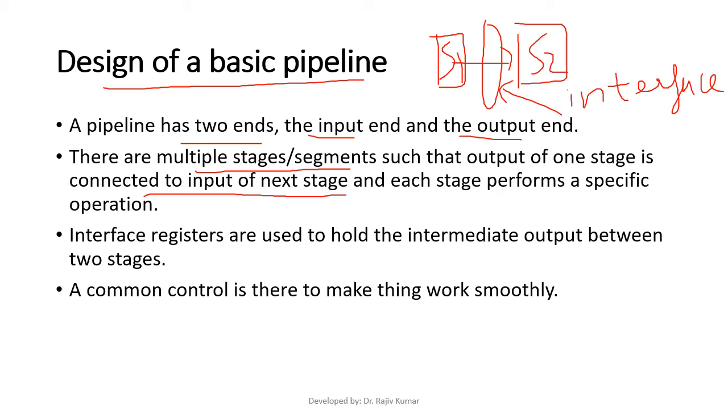In computers, this interface is provided through registers, which store the intermediate results generated from S1 to be used in stage 2, or segment 2. A common control is required to manage all the things. Keeping in mind this basic design principle of the pipeline, let's work on designing a 4-segment pipeline.